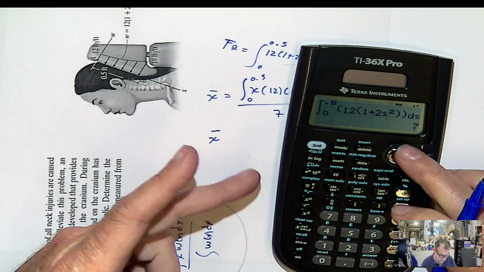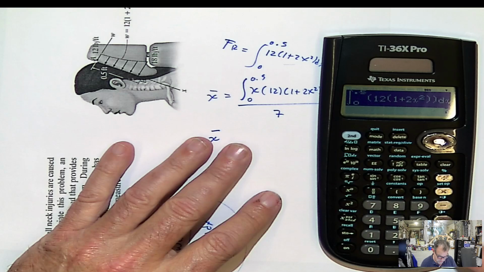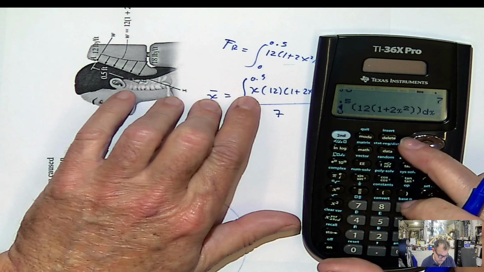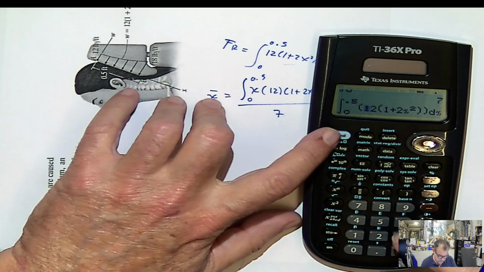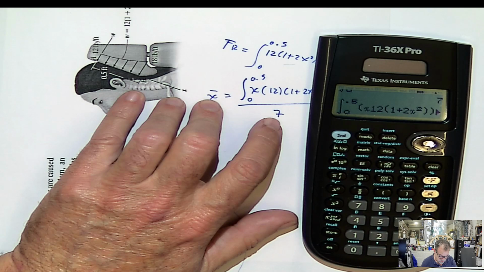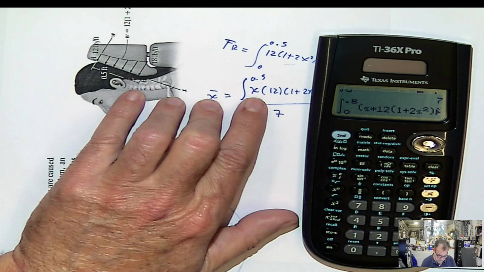I can use the same formulation that I had before, and I just have to go high, enter, and introduce this x here. It's the only thing that changes in that equation. Insert, and then I put the variable x times that.